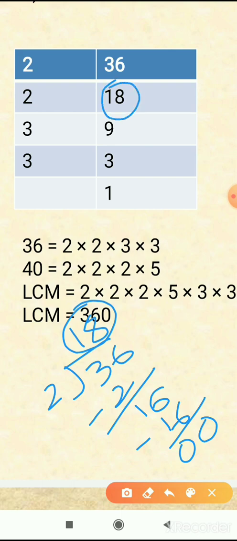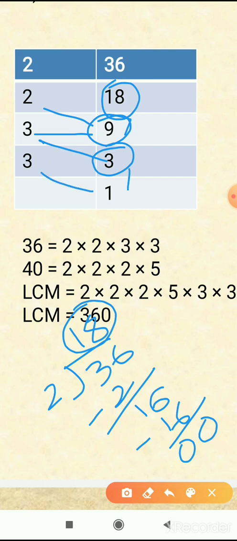Now 18 is an even number, so it is divisible by 2. 2 nines are 18, so we write quotient 9 here. Now 9 is divisible by 3. We divide 9 by 3: 3 threes are 9, so we get quotient 3. Then 3 is a prime number, divisible by itself, so 3 ones are 3.